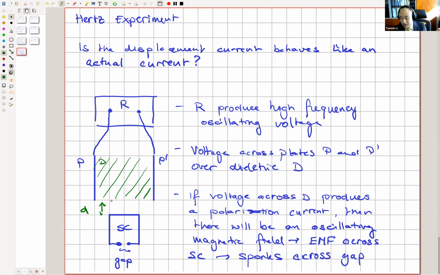These really were the foundations that showed the existence of electromagnetic waves, and also, of course, the existence of this displacement current.